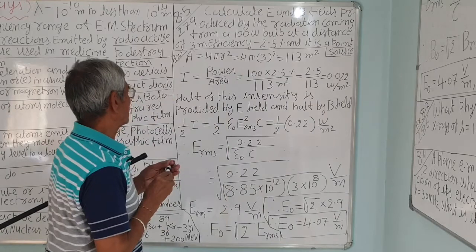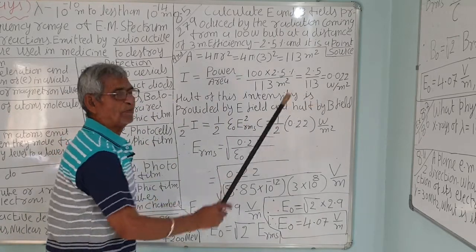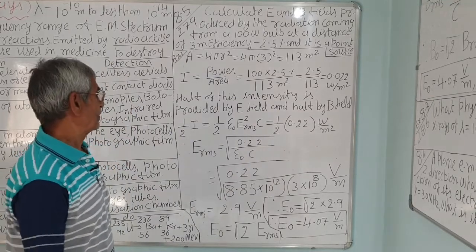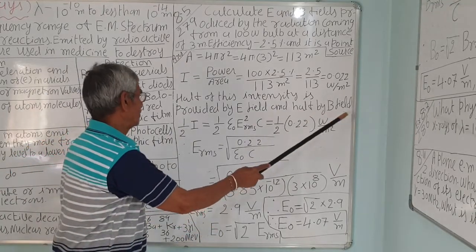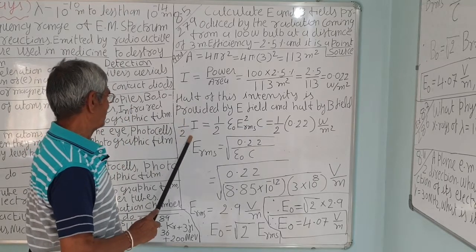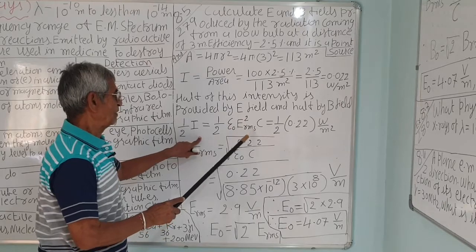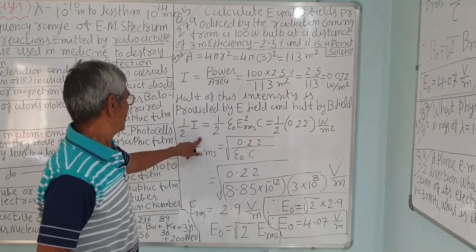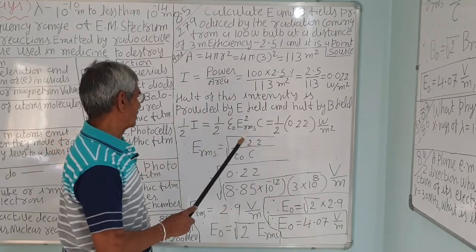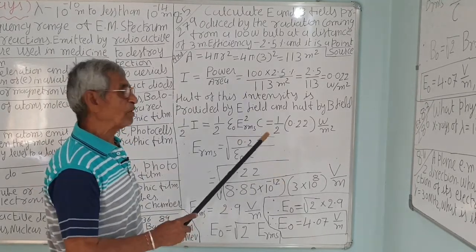Now half of this intensity is provided by the electric field and half by the magnetic field. The intensity is given by half epsilon 0 E square into C, where E RMS is equal to the amplitude E0 by under root 2.